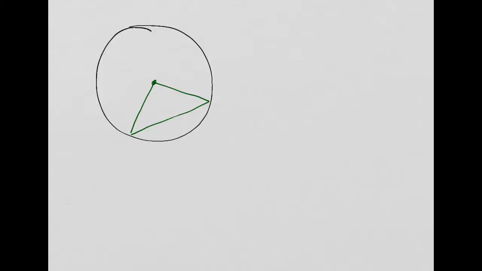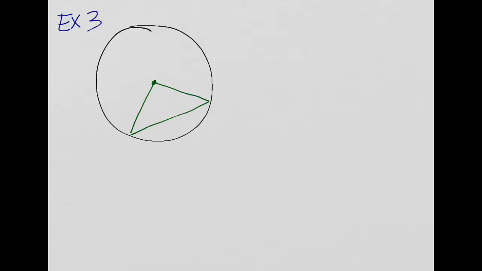All right, so here's a triangle inside of my circle. This is our example. I think we're on example 3 now, so I might be wrong about that. Okay, example 3. Assume it's example 3.